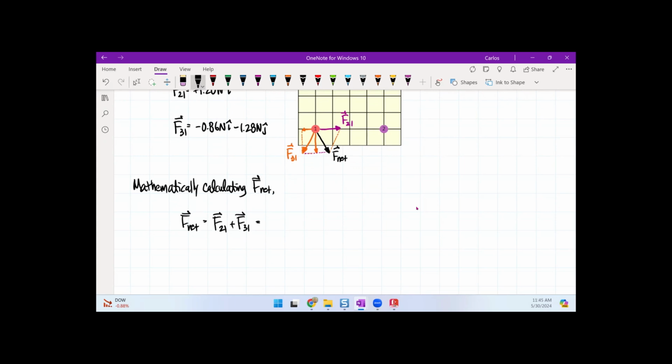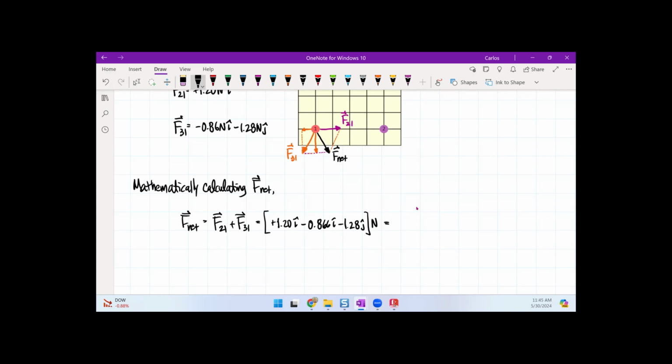So if I start to add these quantities up, I'm going to get plus 1.20 in the i, minus 0.866 in the i direction, minus 1.28 in the j direction with units of newtons.